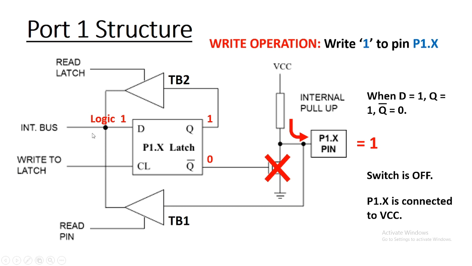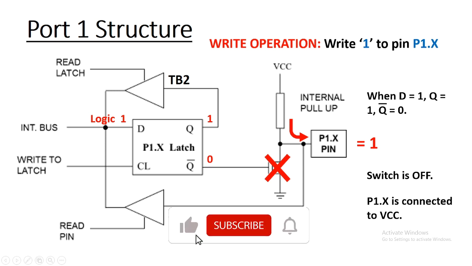So when you write logic 1 at the pin of the port, you get logic 1 as output, and it is configured as an input port. Whatever data is present on this pin will be read by the 8051 microcontroller via this lower buffer. This is tri-state buffer 1, and there is a tri-state buffer 2.